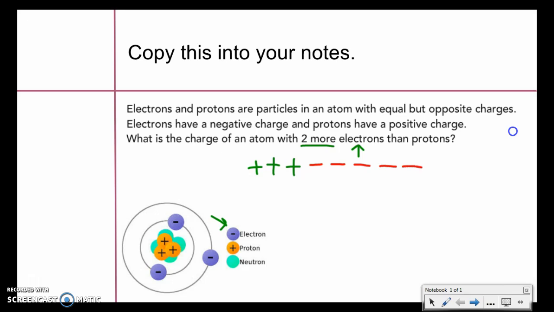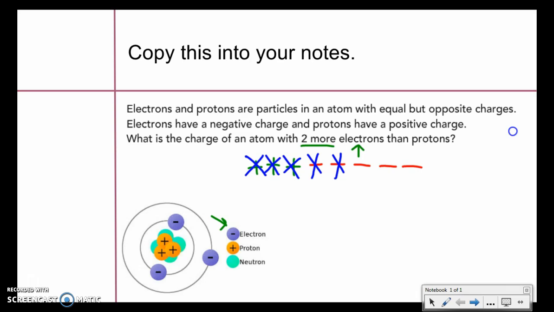Okay? So we got to figure out what the charge is going to be after we find the matches. So that one's done, and that one's done. One positive and one negative cancel each other out. Alright, the same thing with the second. 2 positives and 2 negatives cancel each other out.